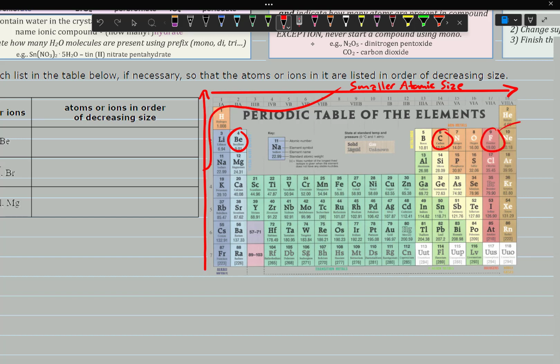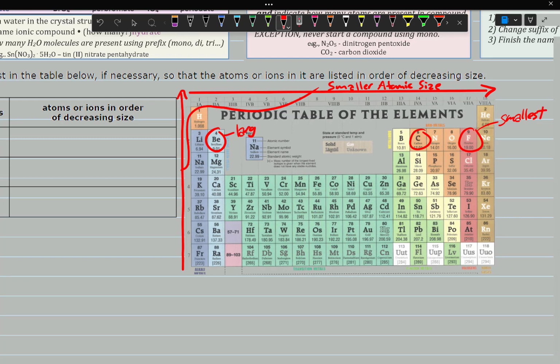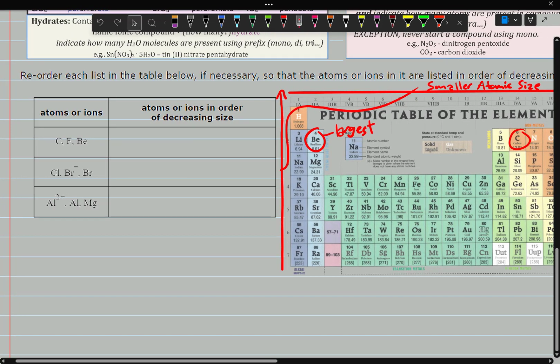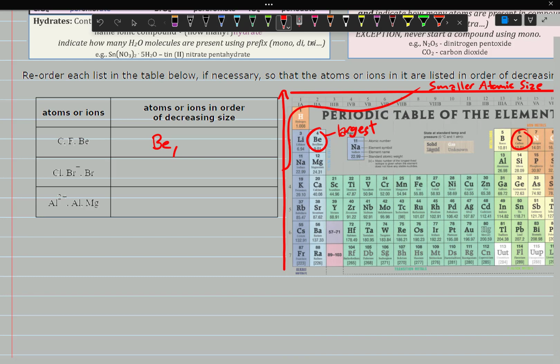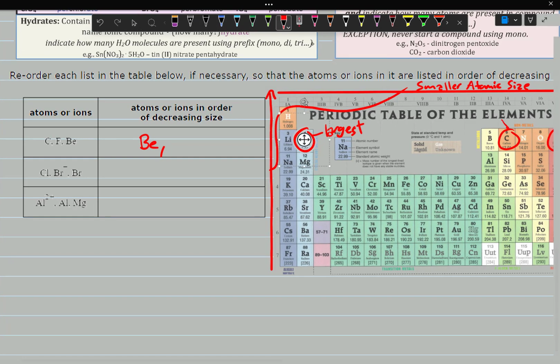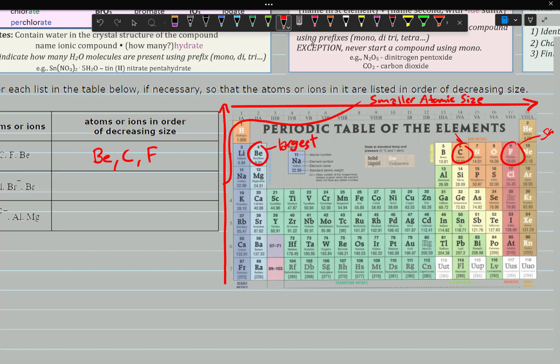So fluoride is going to be the smallest, and beryllium is going to be the largest. So if we order these in decreasing size, we're going to start with beryllium, and then we have carbon in the middle here, and then we have our smallest, fluoride.